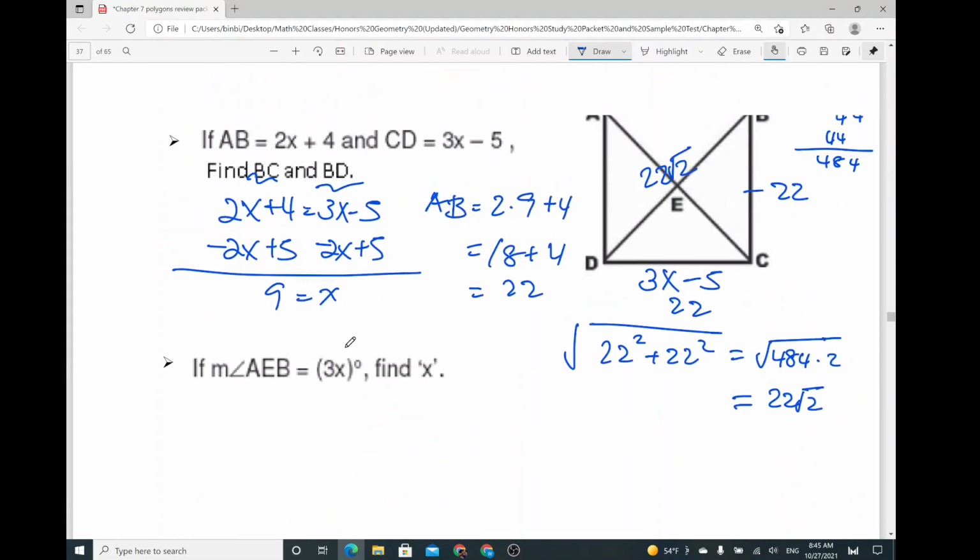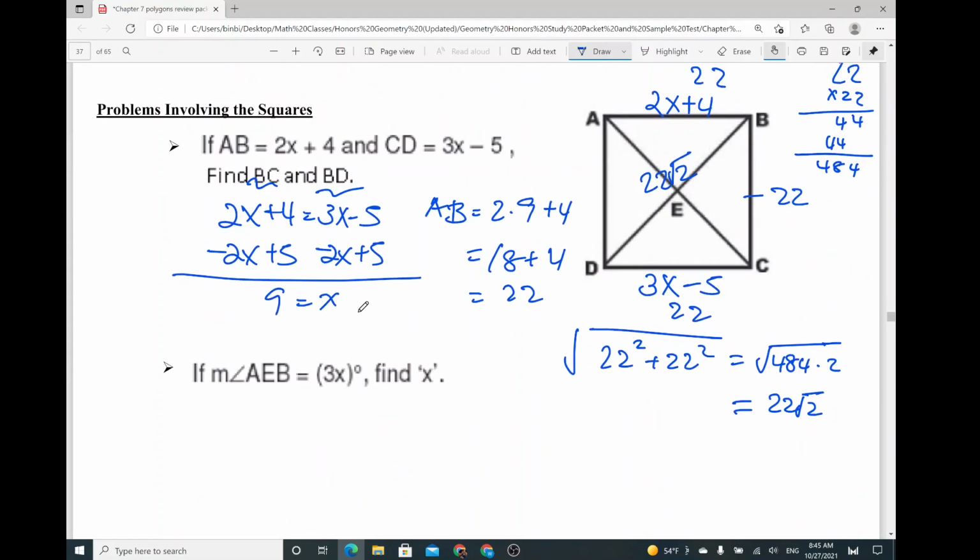Another way you can do it is by using the special right triangle, which we'll get to in one of the units, using the trigonometric relationships of the special right triangle.